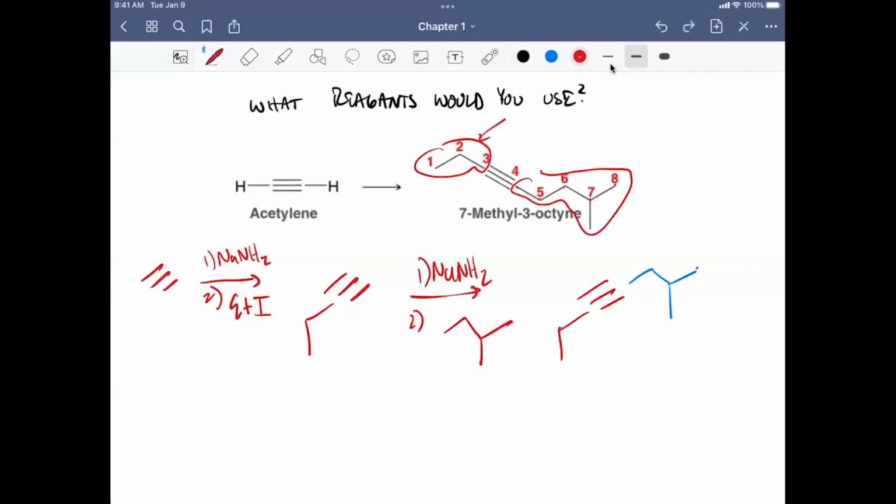Whoops, did I count too much? 1, 2, 3, 4, 5, 6, 7. I think I messed up on a carbon. I think there should be one more here. Let me just redraw that. 1, 2, 3, 4, 5, 6, 7. There we go. Something like that.